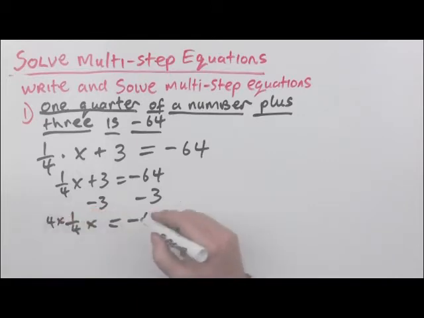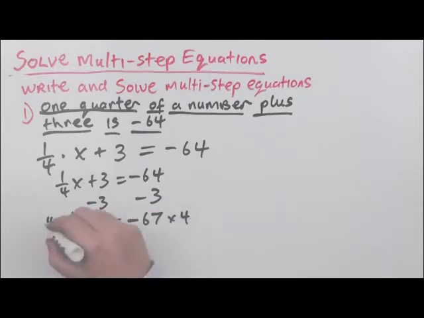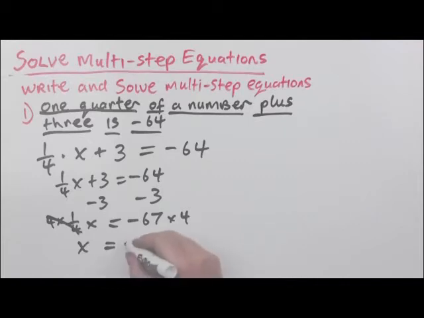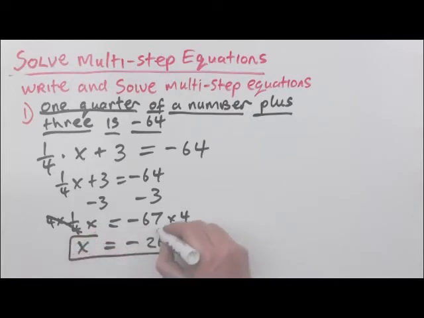Flipped upside down, I get 4/1, or just 4. I multiply 4 on both sides. So that 4 cancels that 4, so that's 1x is equal to negative 67 times 4. A negative times a positive is a negative, so I know it's a negative number, and it's negative 268. Great, and that is my answer.